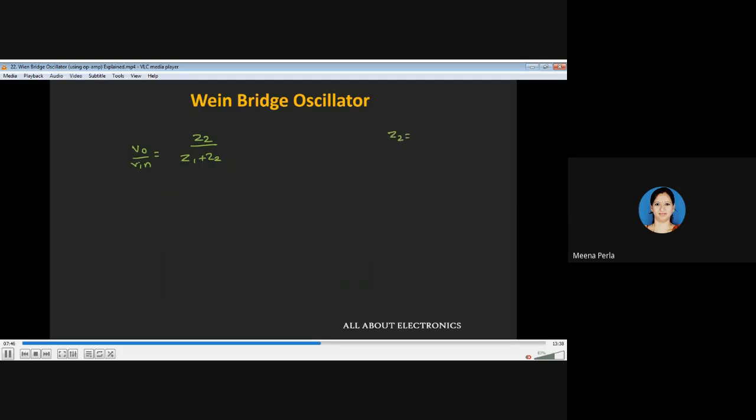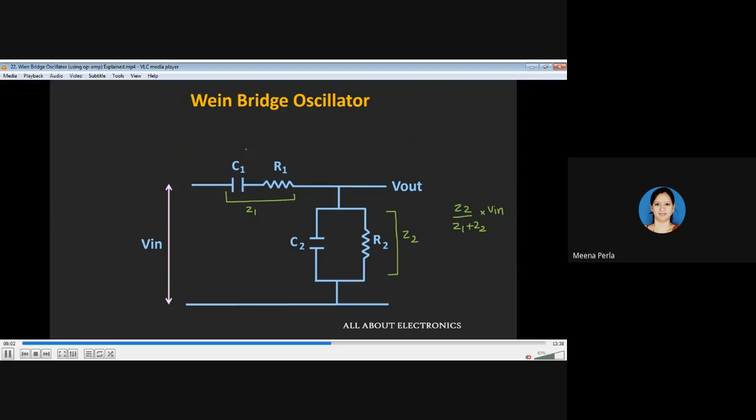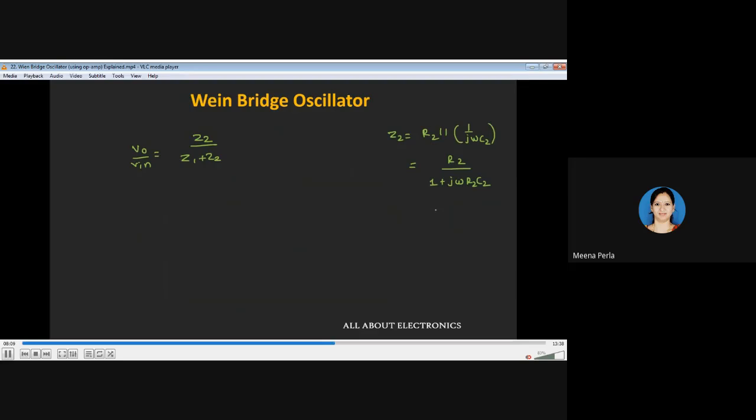Here Z2 is equal to R2 in parallel with 1 by j omega C2, which is R2 divided by 1 plus j omega R2 C2. Similarly, Z1 is equal to R1 plus 1 by j omega C1.